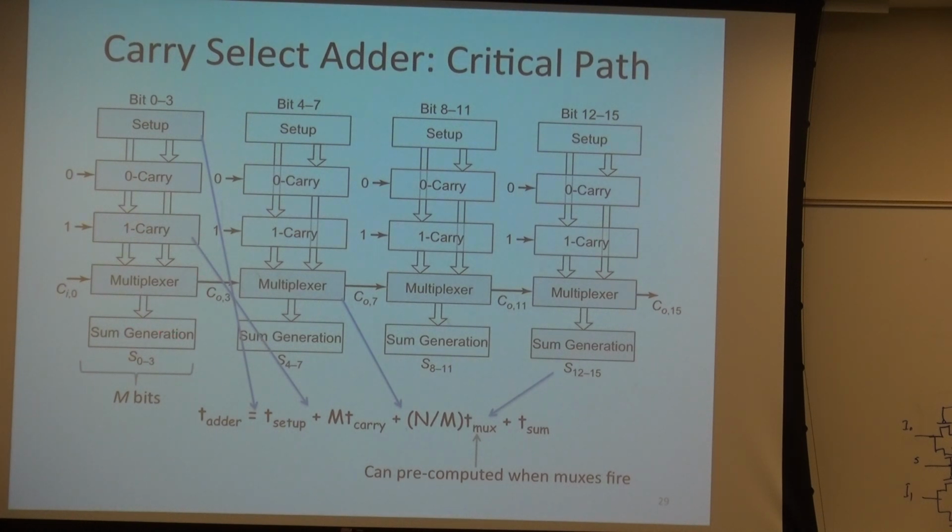So now I can write the expression for the carry select adder delay as the setup time, which we call T_PG. Then there is an m-bit ripple carry occurring in these two blocks, so we have m times T_carry.